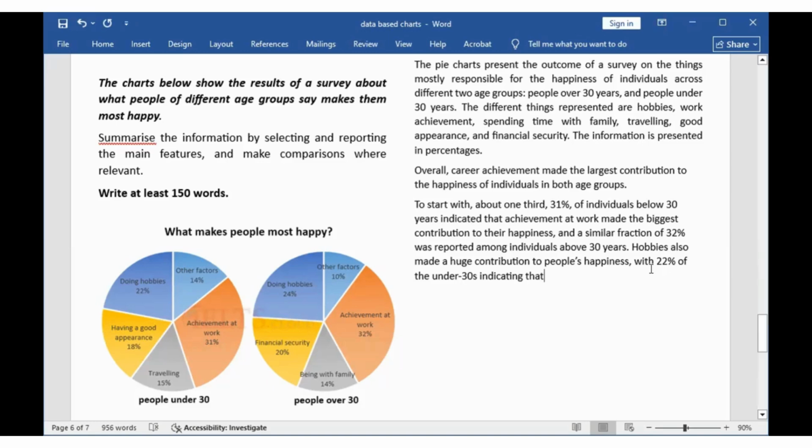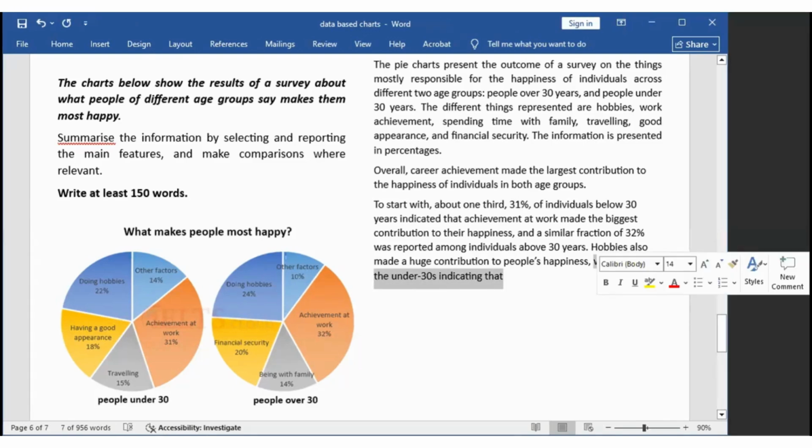Okay, let me readjust that sentence. Hobbies also made a huge contribution to people's happiness.